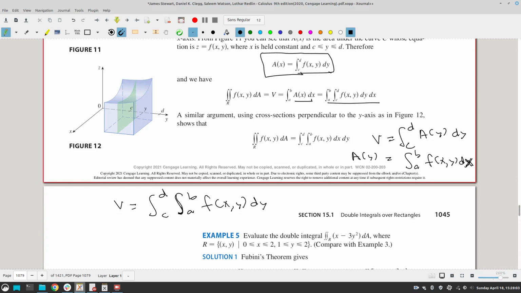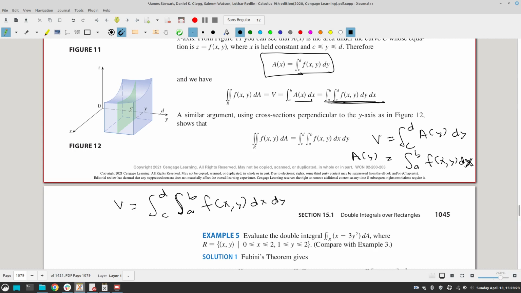So the volume would be the integral from c to d of the integral from a to b of f(x,y) dx dy. This should be dx times dy, and that is the same as this guy. These two expressions represent the same volume.